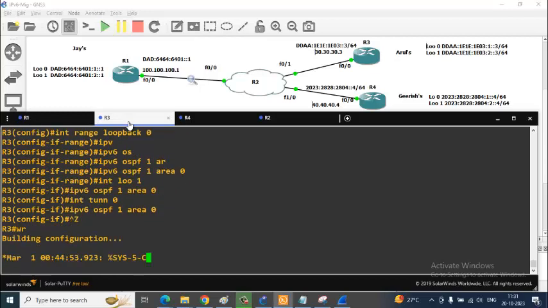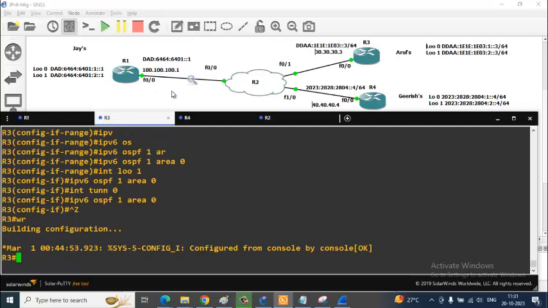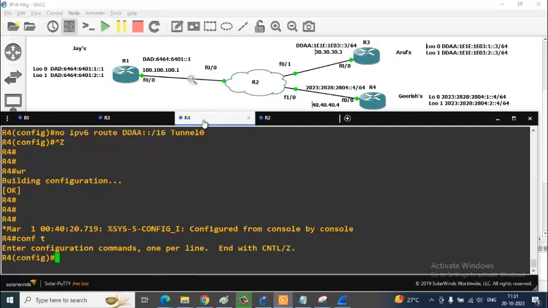I'm expecting an OSPF neighbor now. Okay, no problem. Meanwhile, we'll go to IPv4.